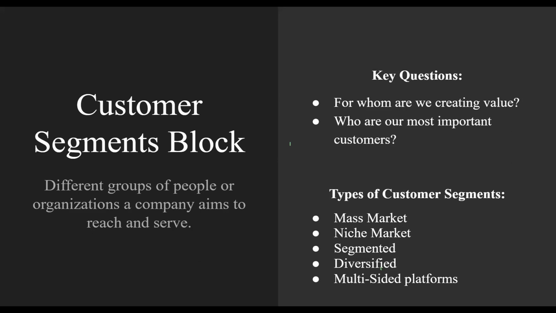Anybody who earns a significant amount of money could buy a Volkswagen. But if you're, for example, producing Ferrari, not everybody around the world could buy a Ferrari. So creating a Ferrari makes your customer segment a more niche market.